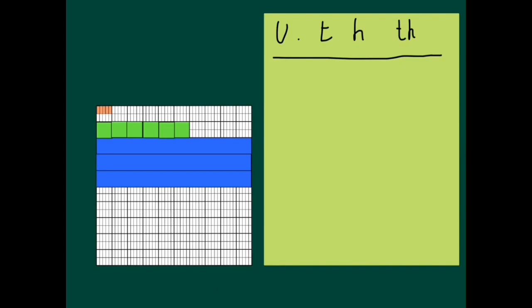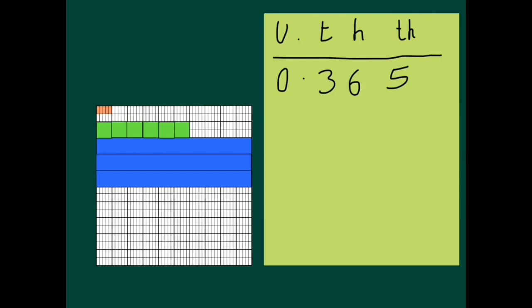I wonder if you can figure out what this number would be. I do have tenths, hundredths and thousandths in this number. Pause the video if you need a little bit of time to solve this one. That's right, I have 0 units, I have 3 tenths, I have 6 hundredths, and I have 5 thousandths.